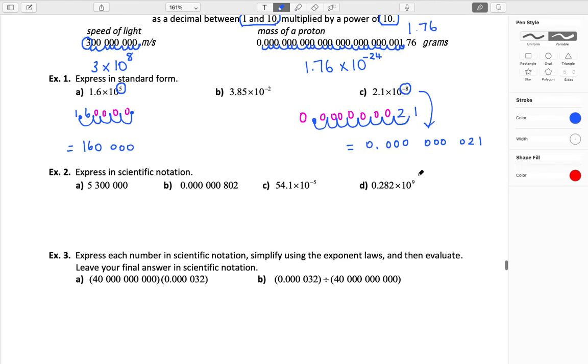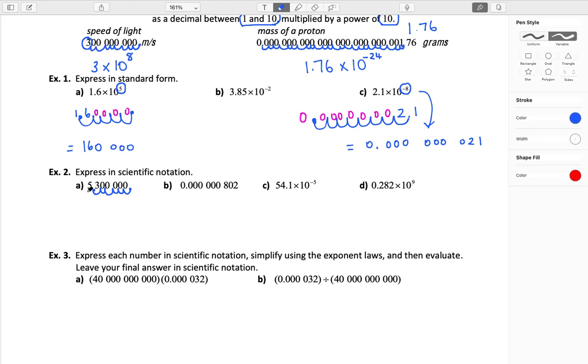Now, what if I want to convert back to scientific notation? Scientific notation means, like I said, the first number has to be between 1 and 10, multiplied by a base of 10. For number 2a, we have a very big number. That means there is an invisible decimal at the end of the number, and we're going to move to the left. 1, 2, 3, 4, 5, 6.